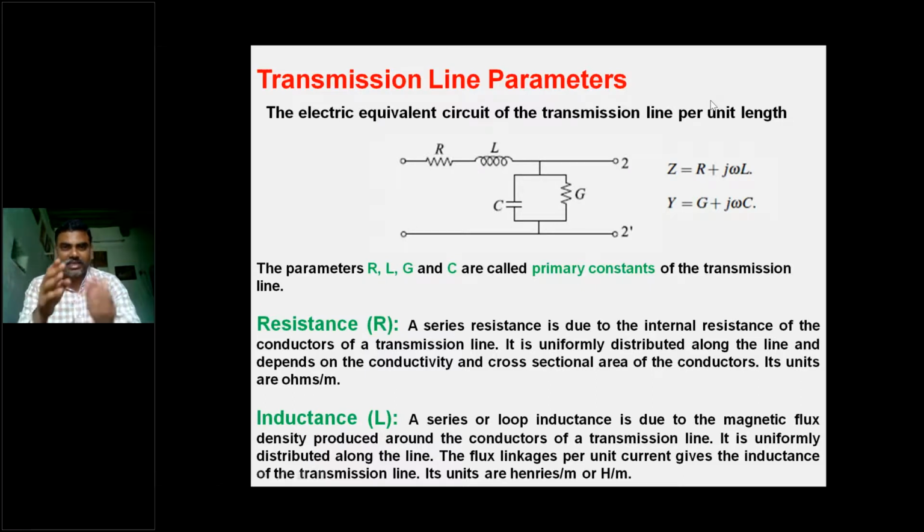So here all these are measured over the unit length. That's why the units for R, L, G, and C are different than the normal cases. Here, resistance has the units ohms per meter, whereas in the general case resistance is measured in ohms.